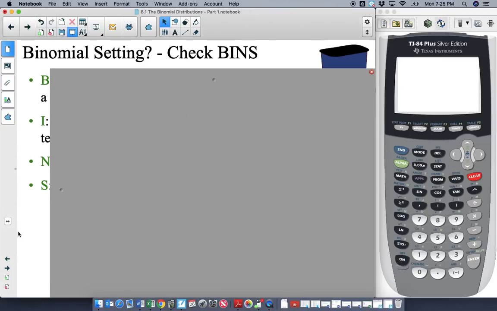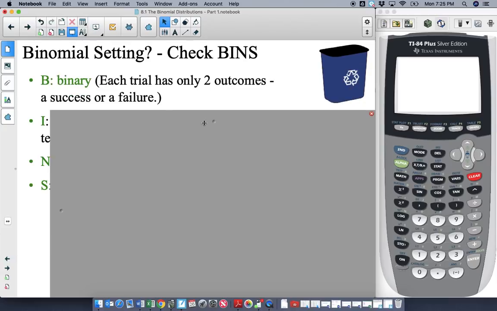So to determine if something is actually a binomial situation, or in a binomial setting, I want you to check BINS, B-I-N-S. If it is indeed a binomial random variable, then it is binary. Each trial has only 2 outcomes, a success or a failure. Binary.